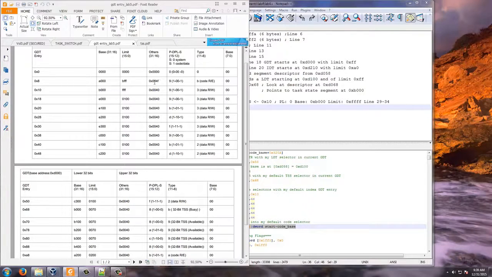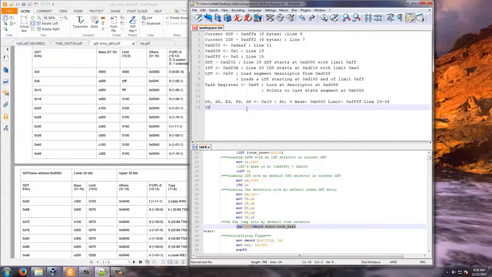That is the one starting at 8000 with privilege 0 and limit BFFF. Now my CS becomes PL0 with base as 0x8000 and limit as 0xBFFF. And this is done by line 36 of the code.